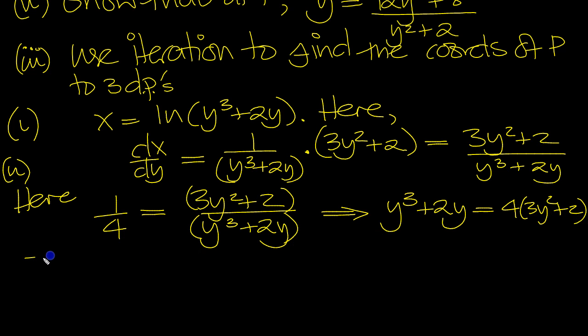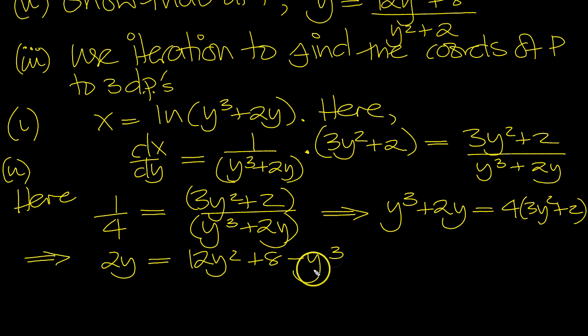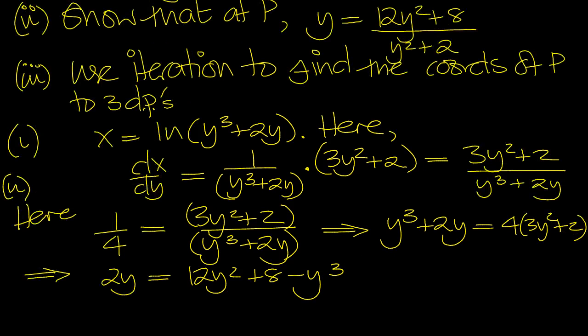3y squared plus 2. And that tells us that 2y is equal to 12y squared plus 8, and then minus the y cubed. So what have we got here then? Well, let's hang on a minute. We've got the 12y squared plus 8 here, haven't we? So let's move that over. So we've got y cubed plus 2y. So we don't want that line, do we?